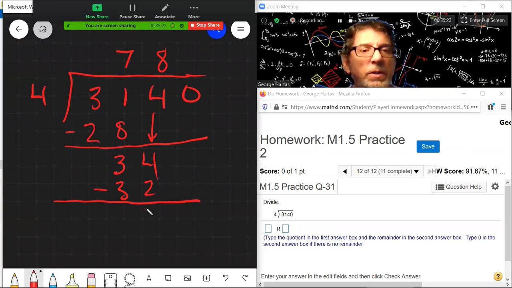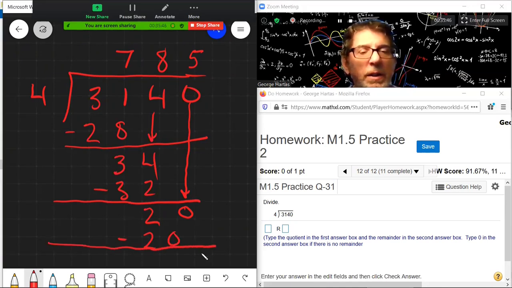The difference is 2. Bring down the last digit. 4 divides into 20 5 times, because 5 times 4 is 20. Subtract. And our remainder is 0. Right, so let's put that in there and see what happens.